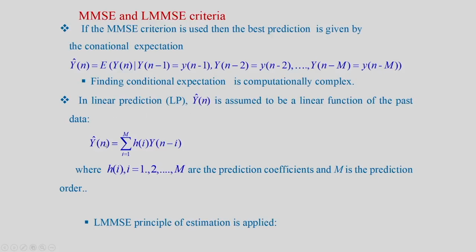So, y hat[n] is equal to summation h_i into y[n minus i], i going from 1 to m, where h_i, i going from 1 to m, are the prediction coefficients and m is the prediction order. So, this is the linear predictor. Now, we can apply the linear minimum mean square error principle to estimate the h_i parameters.